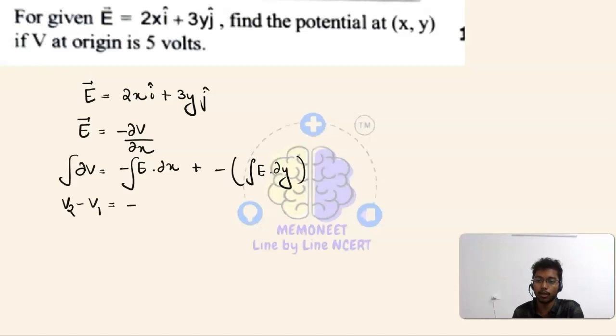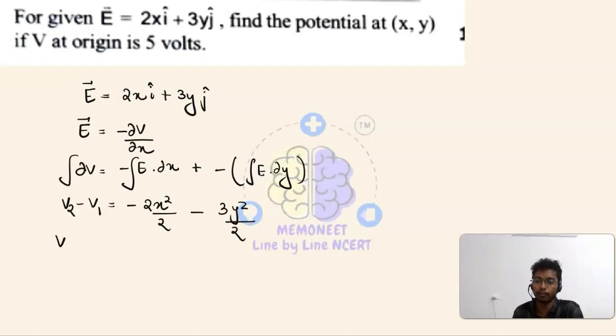V2 minus V1 is equal to minus of E dot dx. The electric field for the x coordinate is 2x dx, so 2x square upon 2. If we integrate x dx, we have x square upon 2. Minus 3y square upon 2.